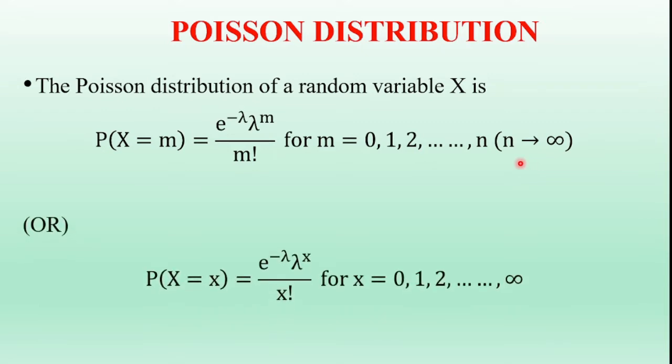Or probability of X equal to x is e power minus lambda into lambda power x by x factorial, for x equal to 0, 1, 2, 3 and so on to infinity, where small x or small m is the value taken by the random variable capital X. This is the expression of the Poisson distribution of a random variable capital X. This expression was already derived and explained in my previous videos.